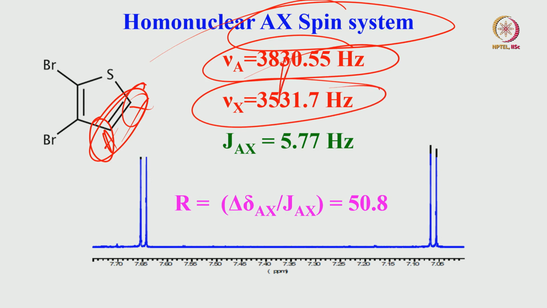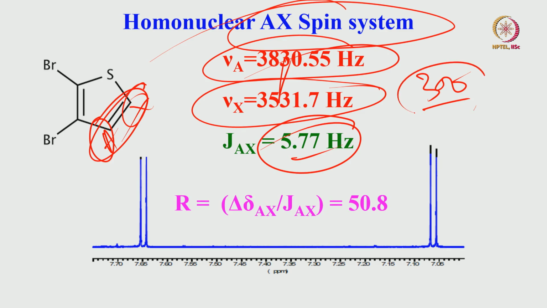The difference is almost 300 hertz, and the measured coupling is 5 or 5.77. What is the ratio? 300 by 5, the chemical shift difference over the J coupling, is almost 60. That means it is a weakly coupled spin system.